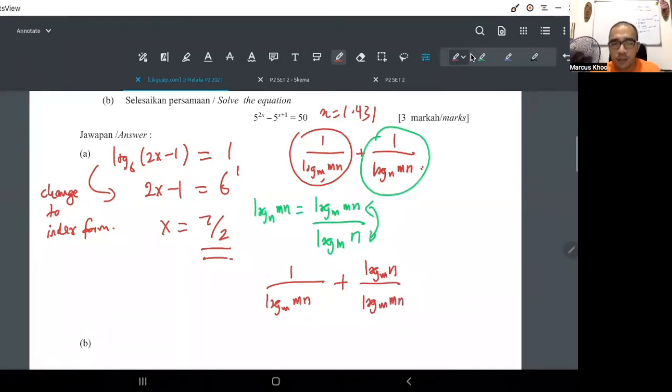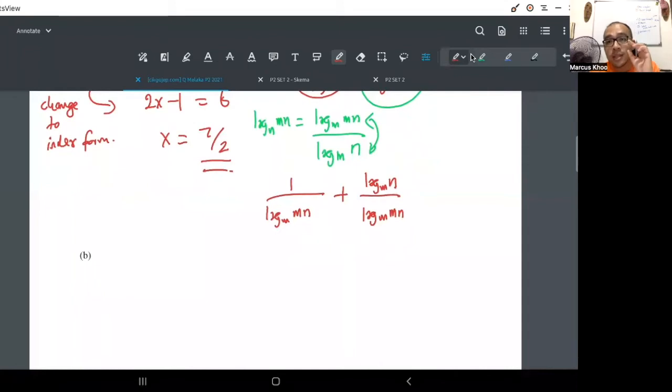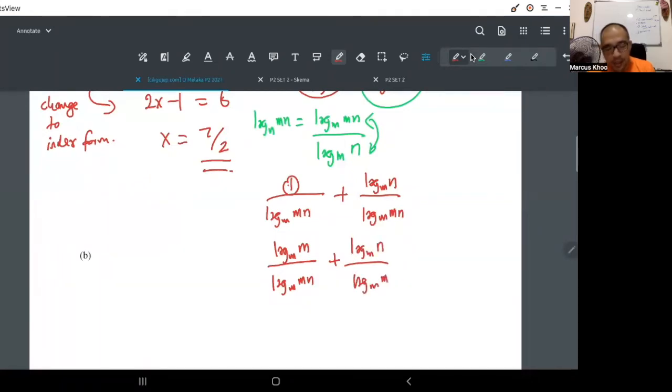This is a very difficult question because it's mn mn mn and it's hampir sama-sama. Now there's still one thing that hasn't been changed to the same log, which is this number 1 over here. And we know that if it is base m, this one can actually be log_m m over log_m mn. That's log_m m over log_m mn.